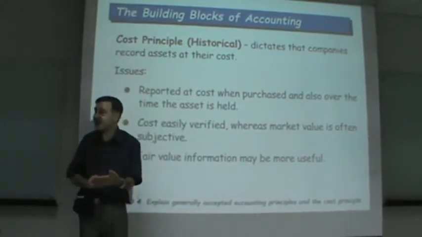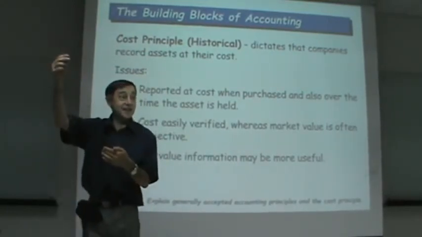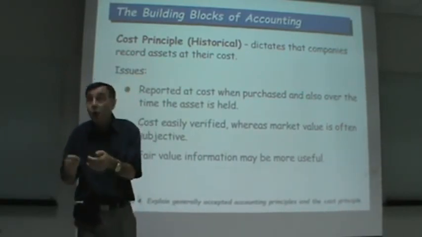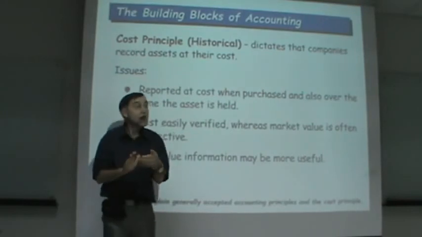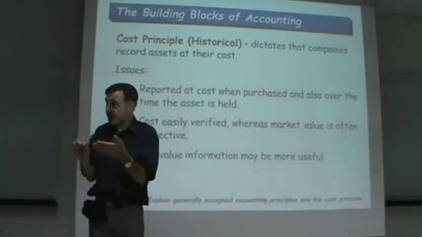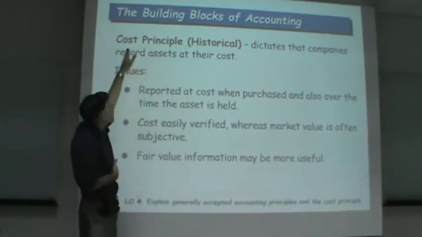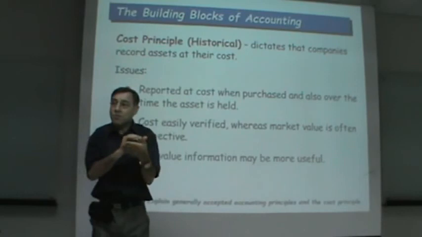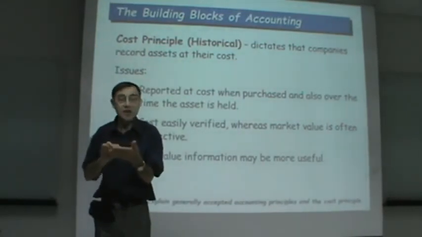You cannot say it's 9, and you cannot say it's 11. So, if you buy an asset, the price you pay for an asset is called the cost. Okay? And you must put that cost for that.